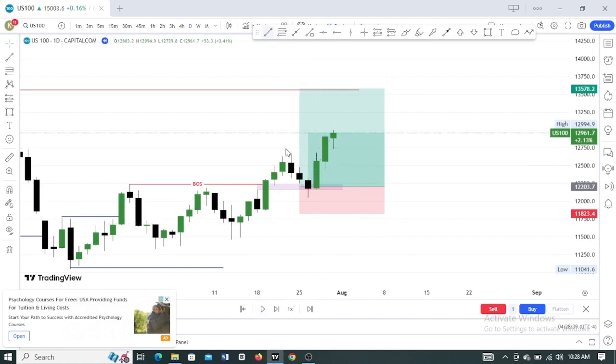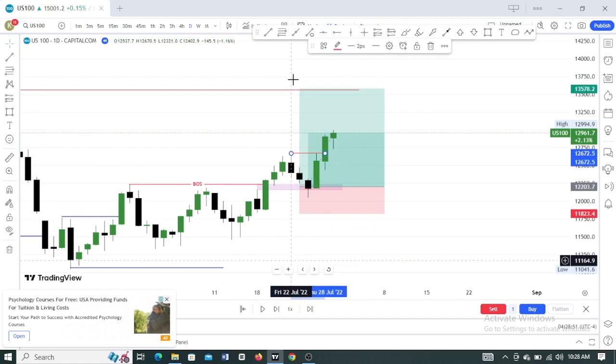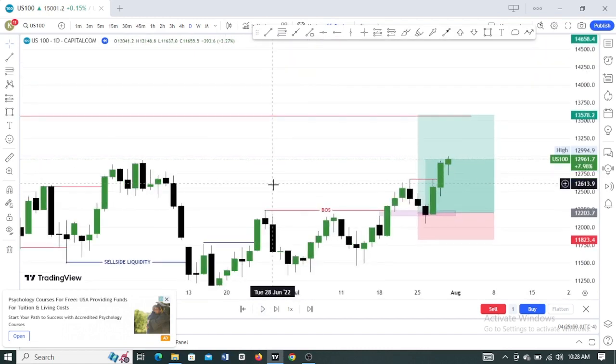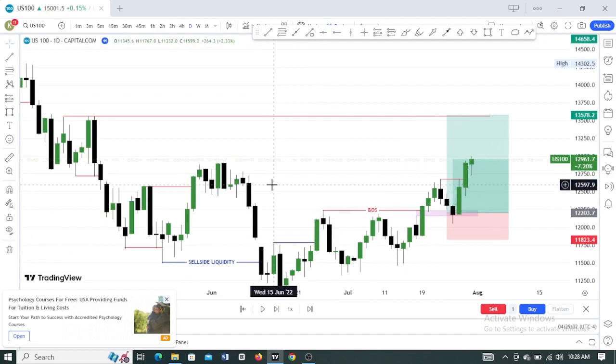Break of structure to the upside again, confirmation that we have bullish movement. You want to see the market breaking this high. Let's look to the left and see what's going on. We have a fair value gap here.